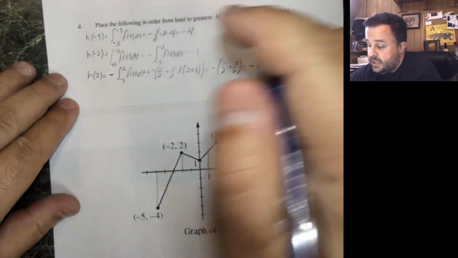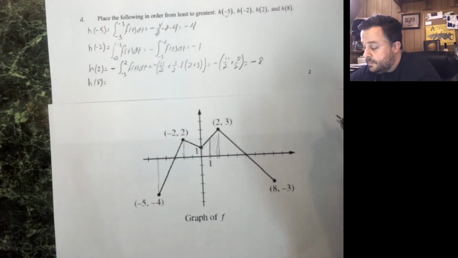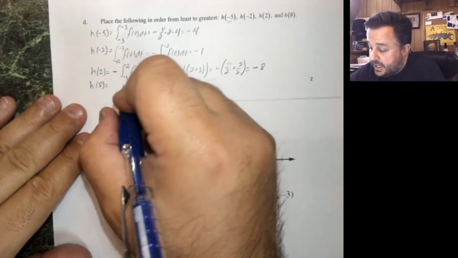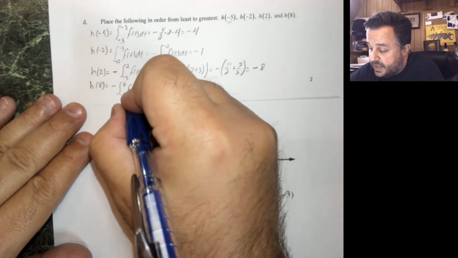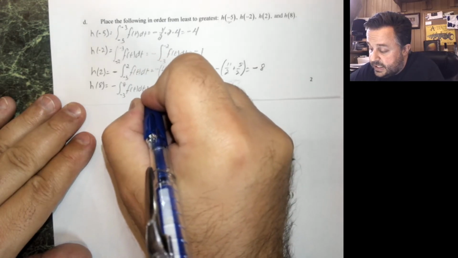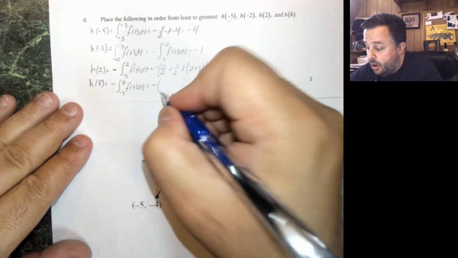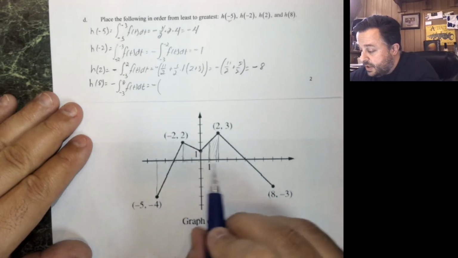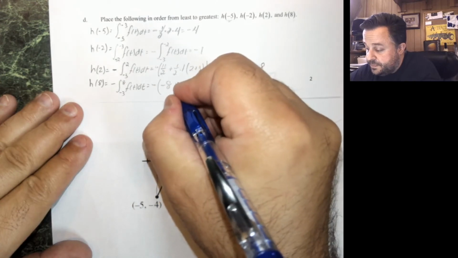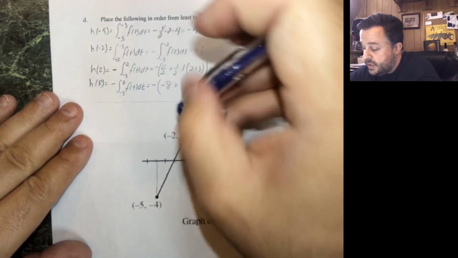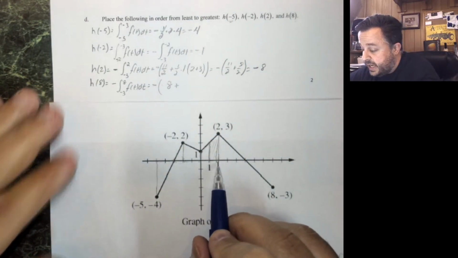And finally, we need h of 8. Because this is bigger than negative 3, we take negative the area from negative 3 to positive 8 of f of t dt. We already know the area from negative 3 all the way to positive 2 is 8.